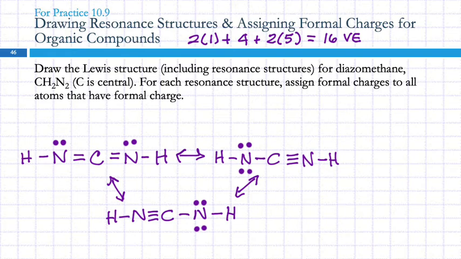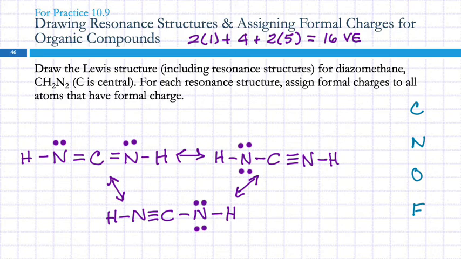I want to show you something that speeds up assigning formal charges. So I'll do this in a different color. Let's look at carbon, nitrogen, oxygen, and fluorine. Carbon has 4 valence electrons.